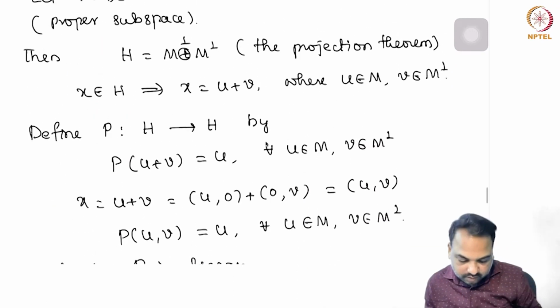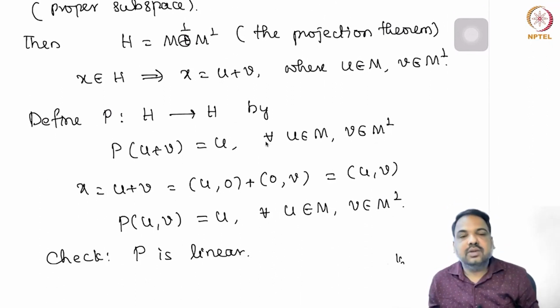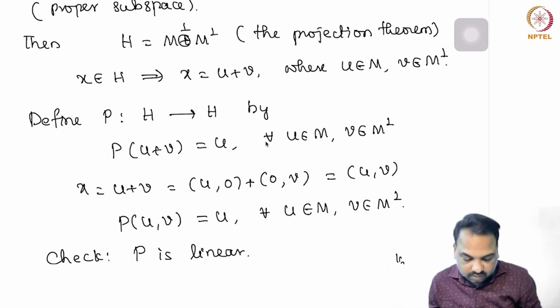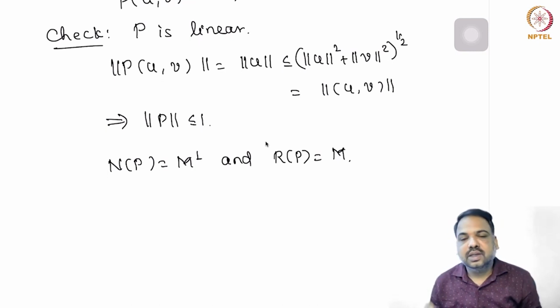So what we have obtained from this is that if M is any closed subspace of H, using the projection theorem, we have defined a map P like this, and the null space of P is exactly M perp and the range of P is M. So given any closed subspace, we can associate a projection whose range is exactly that closed subspace.